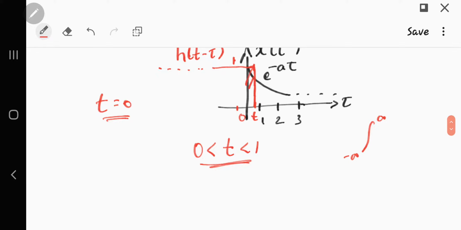You can see this part is overlapped. Now from where to where is it overlapping? From 0 to t. So 0 is from x of tau and t is from h of t minus tau. This is the region where we are getting the overlapping.